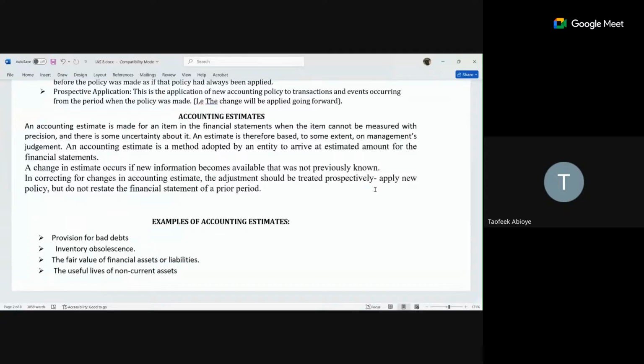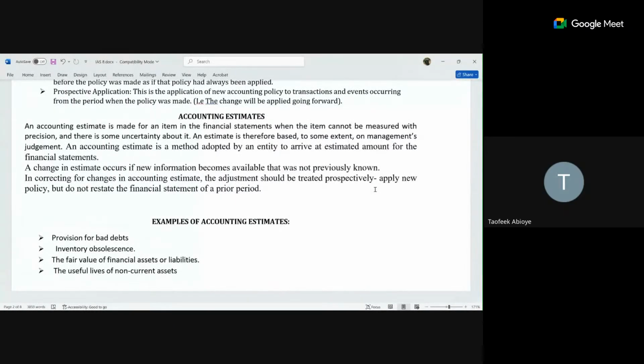So these are the age analysis of our receivables. You see from there, this receivable falls under 30 days, 60 days, 90 days, 120 days, 150 days, 180 days, 210, and so on. For receivables that have been in our books close to 1,000 days, it's very high.